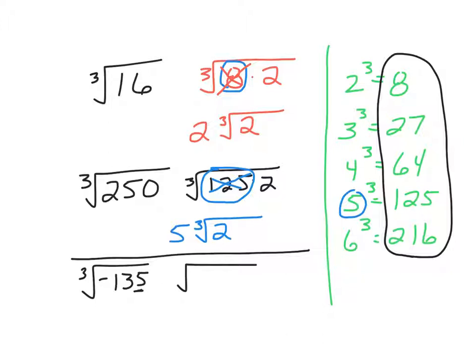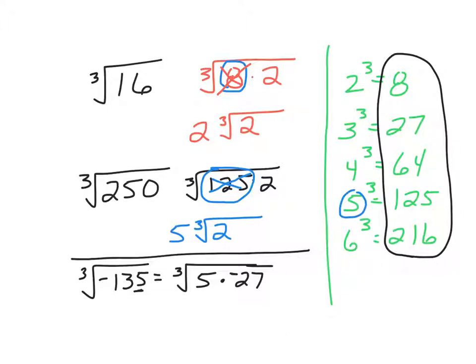So I know that 5 times something has to equal negative 135, and when I go through and do the math, I'm going to get 5 times 27, and I'm going to make that a negative 27 because I need a negative 135. So I have changed the cube root of negative 135 to the cube root of 5 times a negative 27.